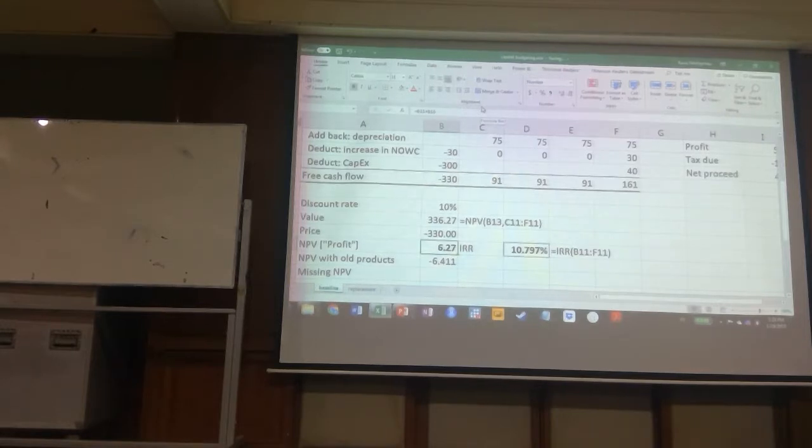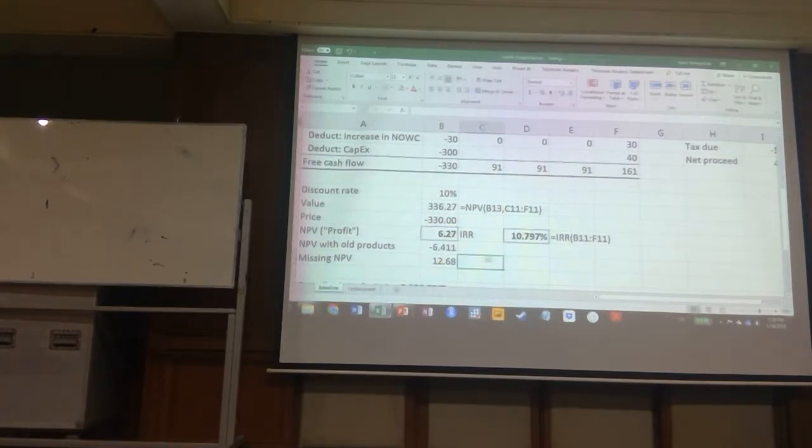You have positive NPV now. So we would conclude, okay, let's do it. Our IRR is also greater than 10%. Let's see how much NPV improvement we got. Our NPV improvement is 12.68. So take this number and file it away somewhere first.